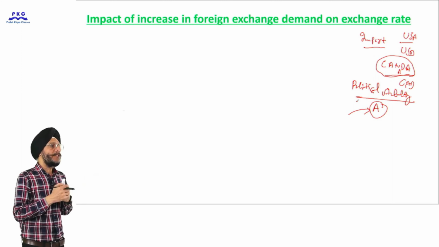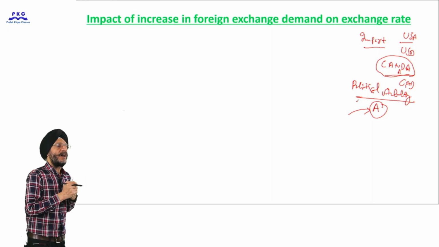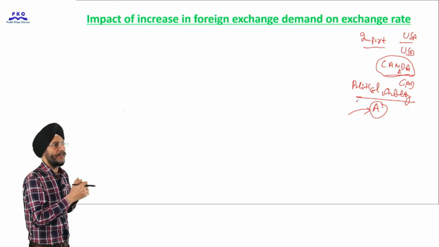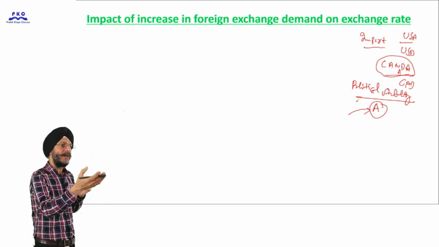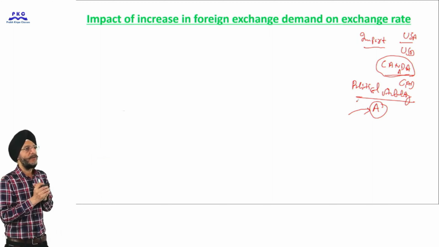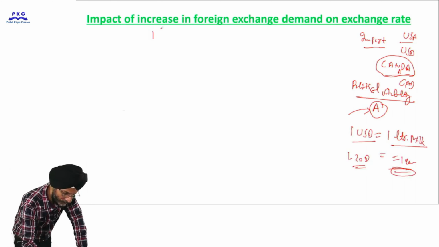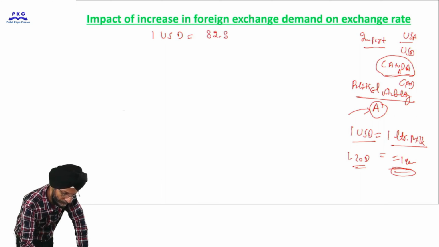It may also be possible that the interest rates in a particular country are good as compared to other countries. It may also be a reason for increase in demand of foreign exchange. Suppose at present 1 US dollar is equal to 82.83 INR, Indian rupee.